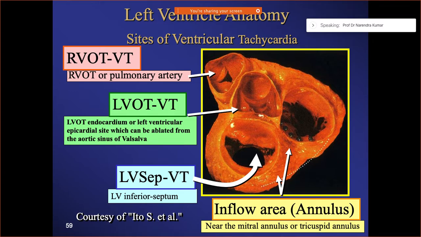RVOT is a common site for VT. Occasionally, the ectopic site is located past the pulmonic valve in the pulmonary artery. Because the RVOT is a tubular structure, it is ideal for the use of a spiral type catheter. Often, doctors use the EPT constellation basket catheter, but the splines on that catheter are far too far apart to do the detailing.